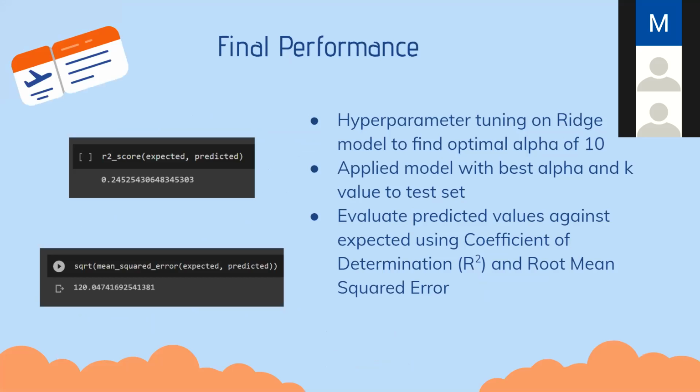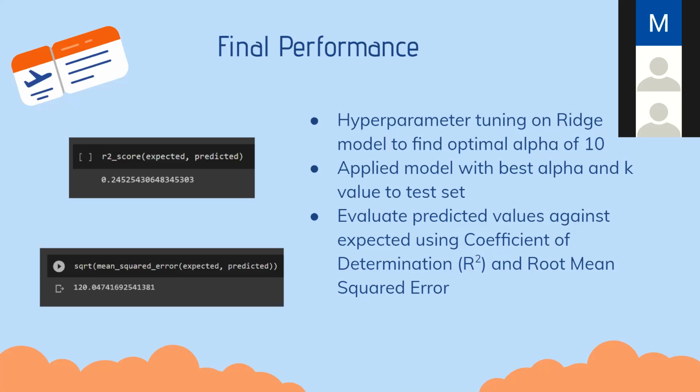For the finality of our model's performance, we tuned ridge and found that the optimal alpha value would be 10. Once we had that value of 10 and our k value, we applied the test set to ridge and found that our R-squared and root mean squared error indicated that our data wasn't well suited for ridge regression.